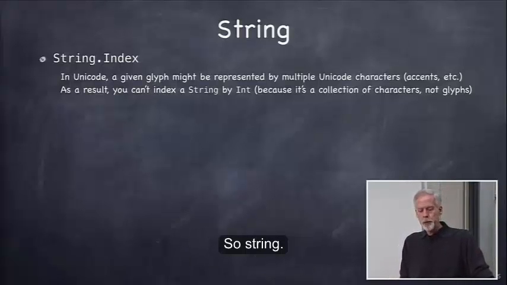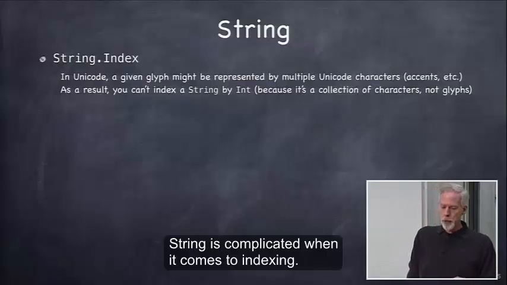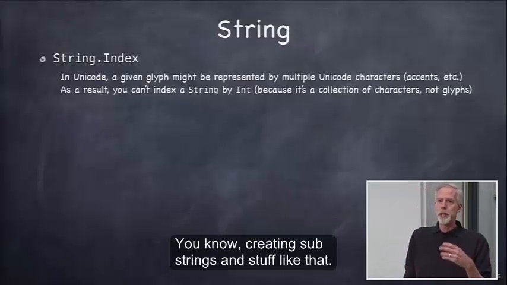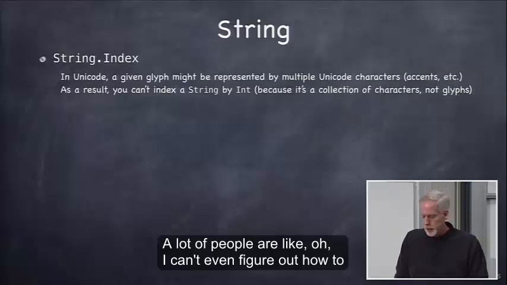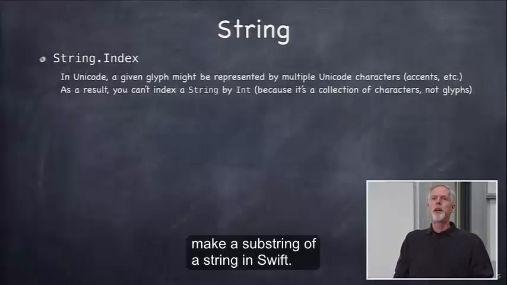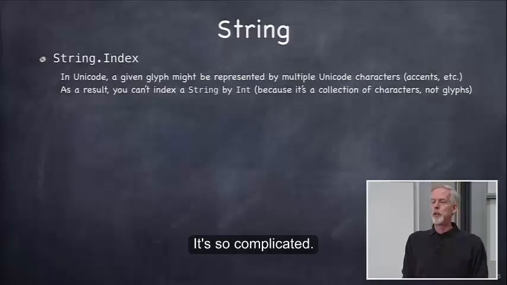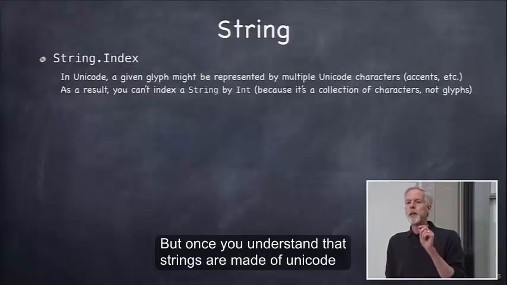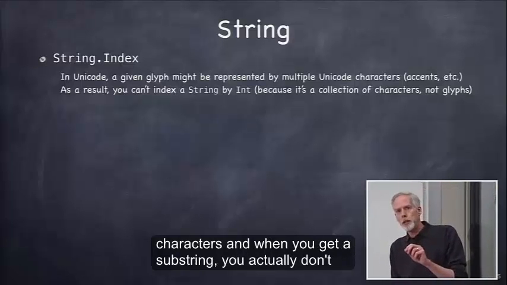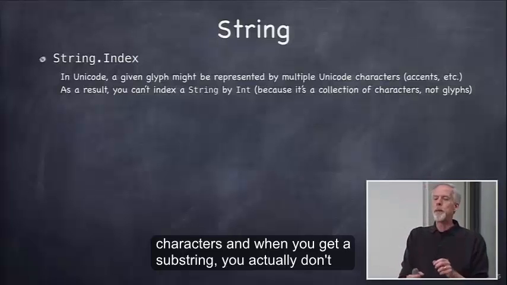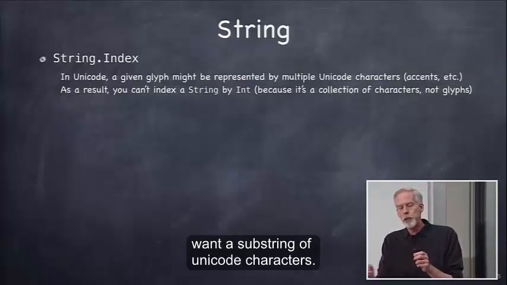String is complicated when it comes to indexing, creating substrings, and stuff like that. A lot of people are like, I can't even figure out how to make a substring of a string in Swift. It's so complicated. But once you understand that strings are made of Unicode characters, and when you get a substring, you don't want a substring of Unicode characters.